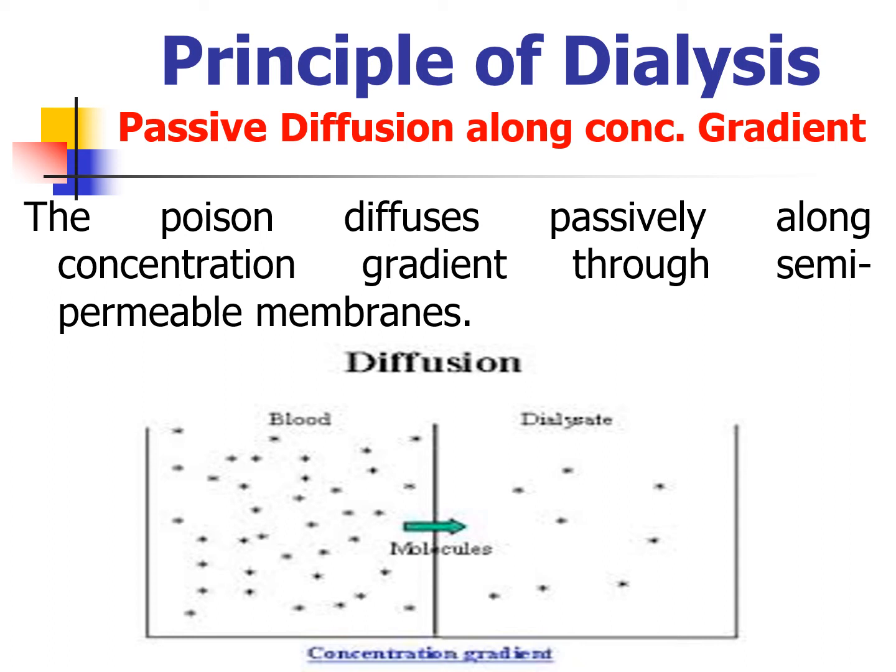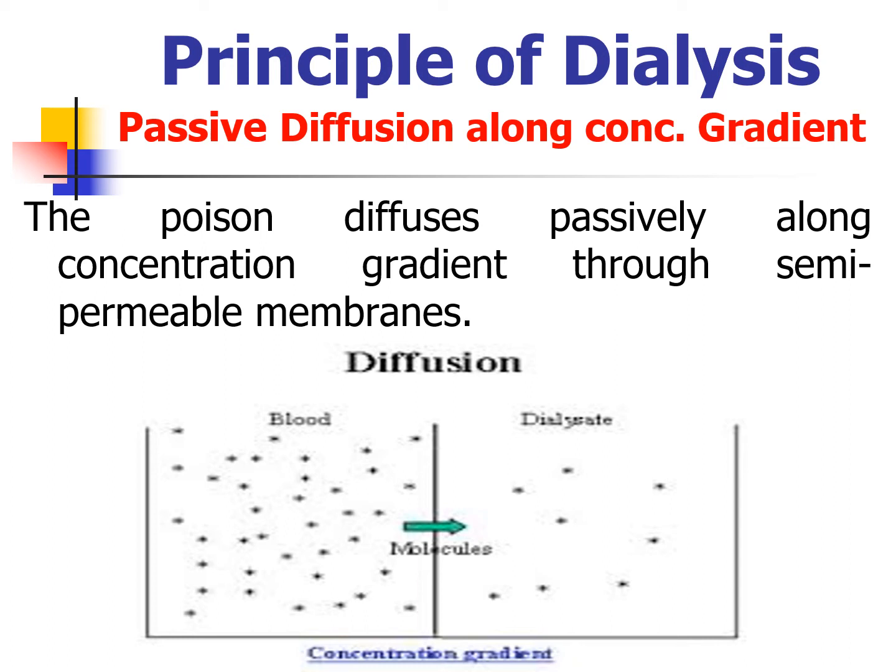So the concentration of the toxins is higher in the blood and doesn't present in the dialysate fluid. So the toxin will diffuse passively from the blood to the dialysate fluid through a semi-permeable membrane.